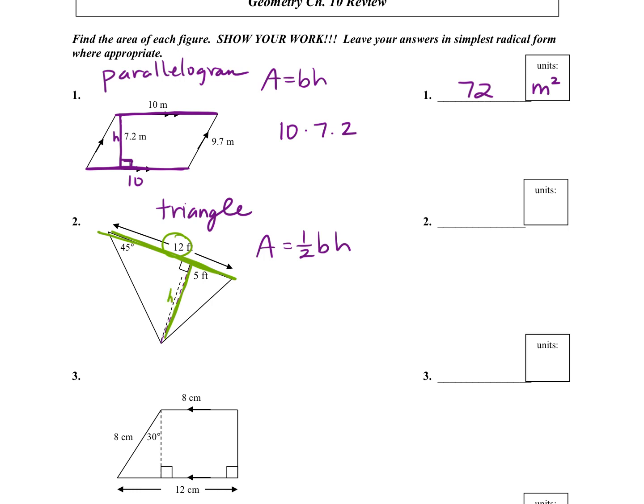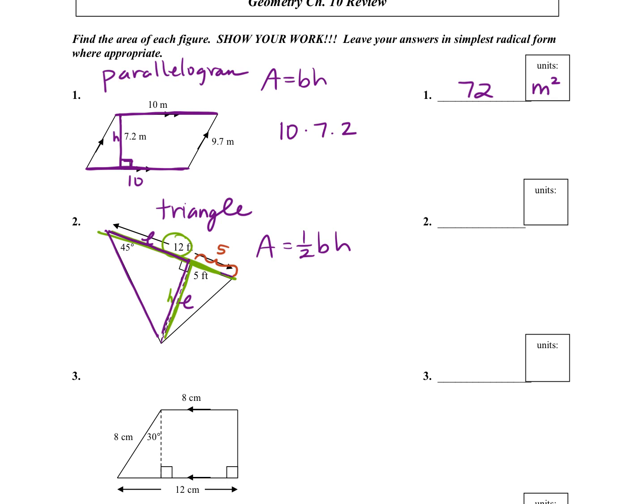If we know this piece is 5, and we know this is a 45, 45, 90, that means these 2 lengths are your legs, if you will, and they have to be the same in a 45, 45, 90.